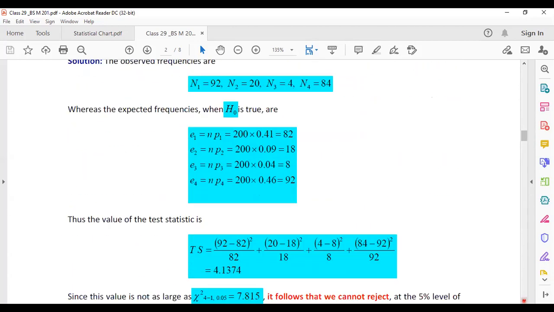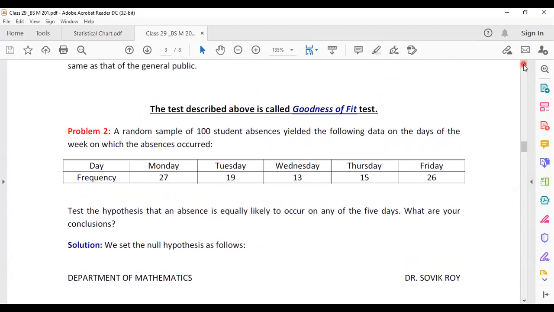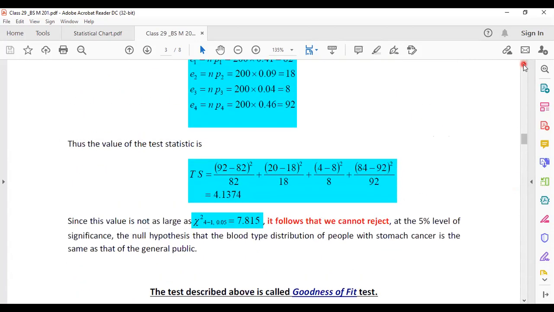The blood group and stomach cancer related problem was explained, and we came to the conclusion that this is the calculated value of chi-square. This value was taken from the table which I shared with you in the Google Classroom.